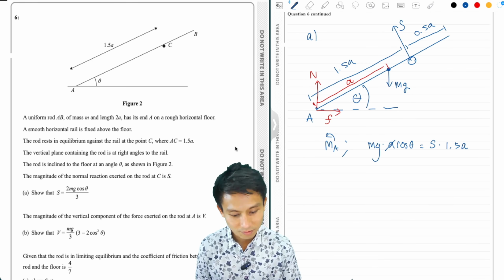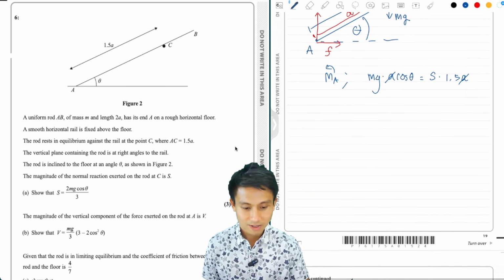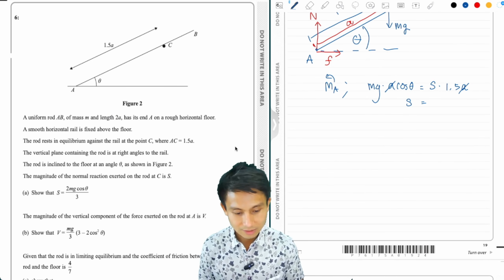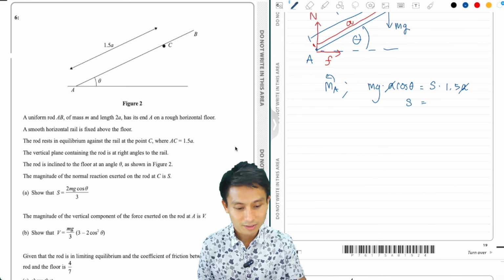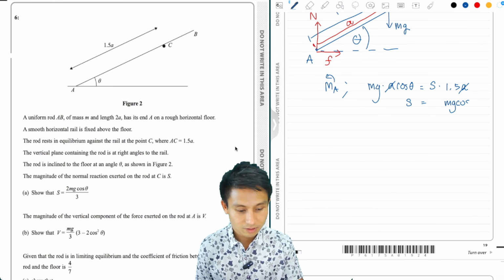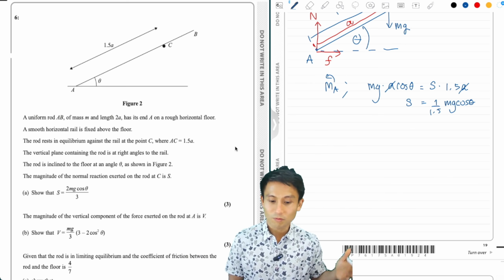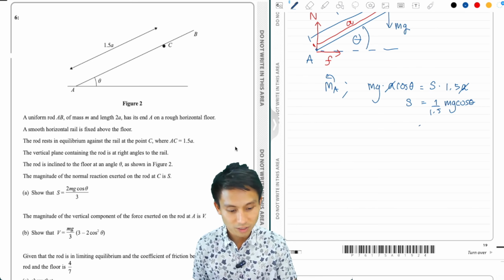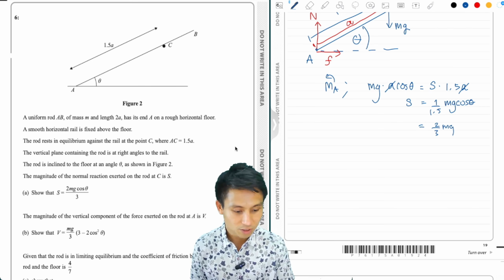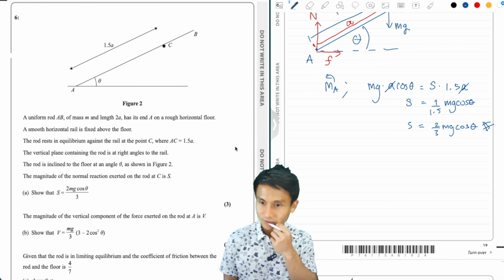And then if you simplify this, you cancel a, and if you divide 1.5 on both sides, you get S as mg cos theta times 1 over 1.5. But 1 over 1.5 is 1 over 3 over 2, which is 2 over 3. They just want it as a simplified form like that. So we show that.